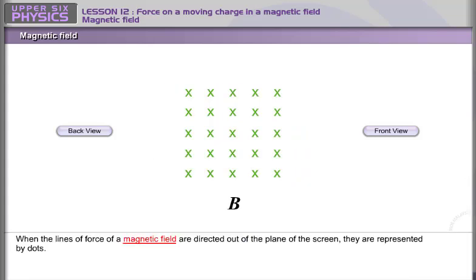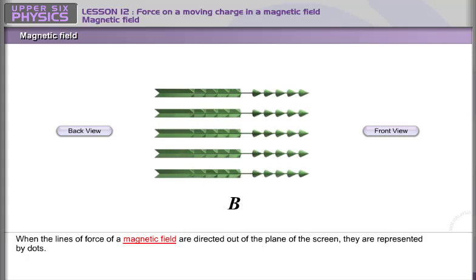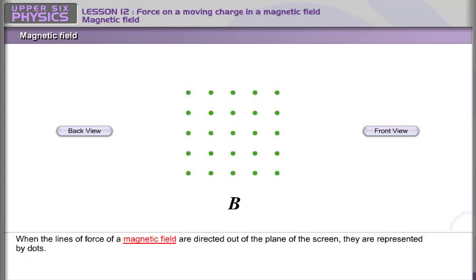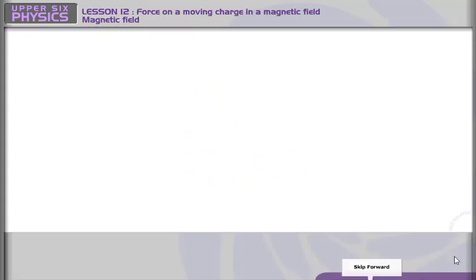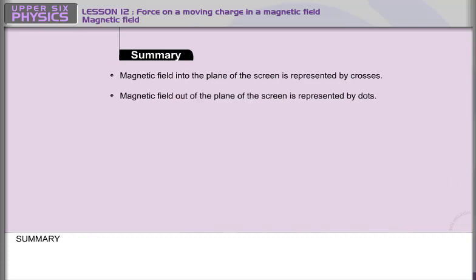When the lines of force of a magnetic field are directed out of the plane of the screen, they are represented by dots. Summary. Magnetic field into the plane of the screen is represented by crosses. Magnetic field out of the plane of the screen is represented by dots.